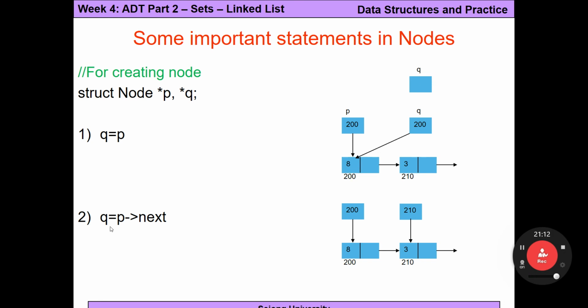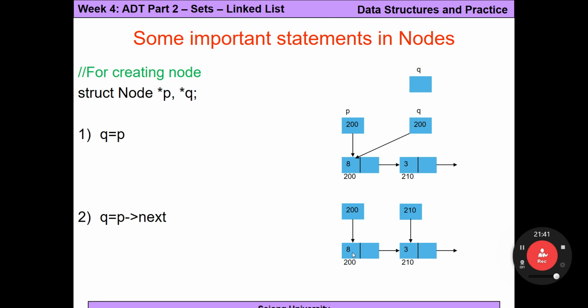Next, Q is equal to P of next. If I say that Q is equal to P of next, as you can see here, this next is carrying the address of the next node, that is basically 210. So here in Q I have stored P of next, basically this address.